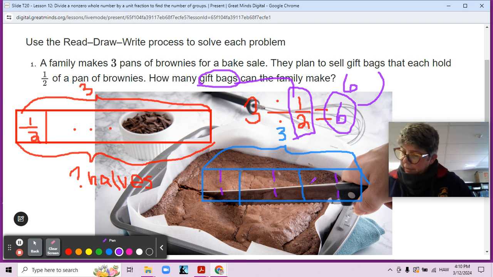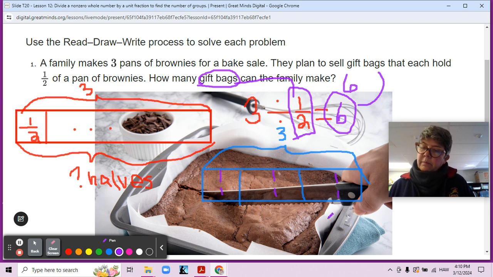All right, there's 2 halves in 1 and 3 ones in 3. So if we partition each one into halves, then we have more than 3 halves. We have 6 halves, right? Because we're dividing by a unit fraction with a 1 on top, which is less than 1, our quotient is greater than the dividend. Do you see how that works?